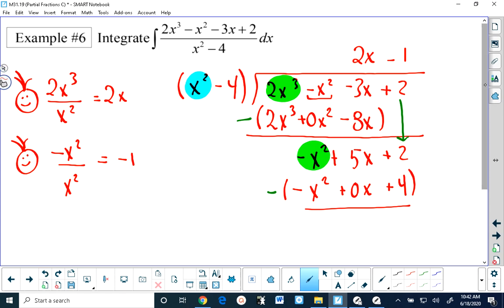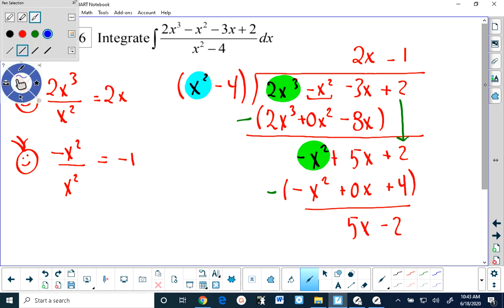All right, negative x squared minus negative x squared is nothing. 5x minus 0x is still 5x. And then we also have 2 minus 4, which is negative 2. So let me label each part of what we have going on here. This is the quotient.